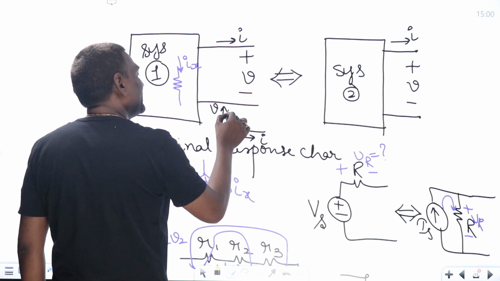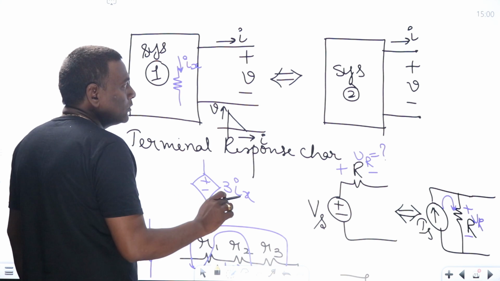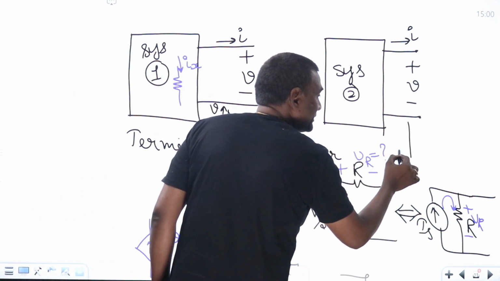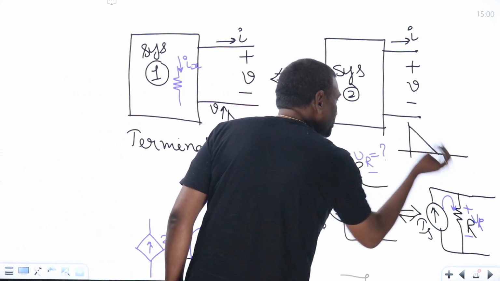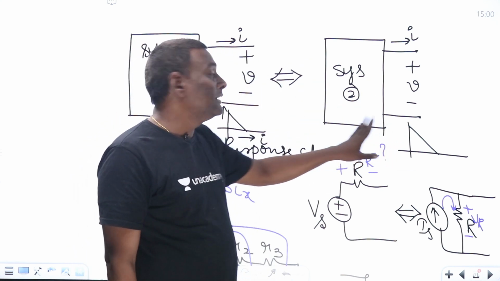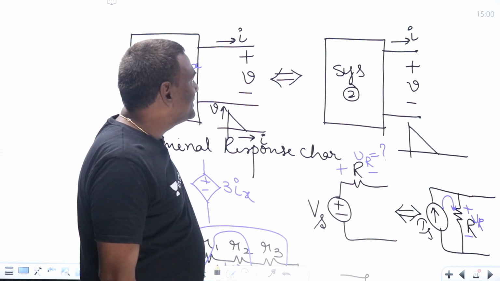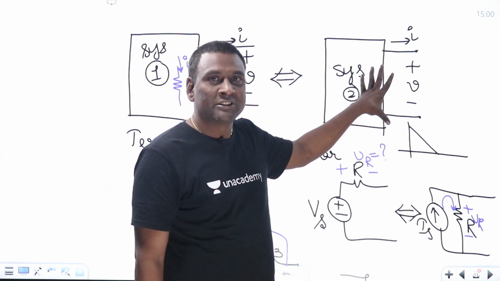If the terminal response characteristic of this system is this, it is drooping, then the terminal response characteristics of this system also should be same to the external world. Then only we can call it an equivalent circuit. Under that condition, we can replace system 1 with system 2.